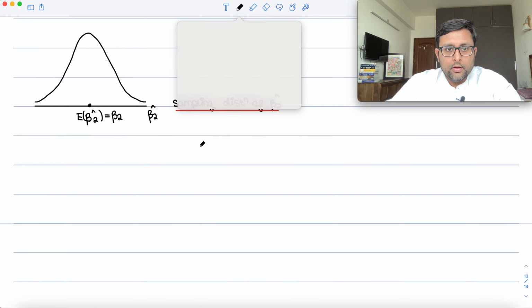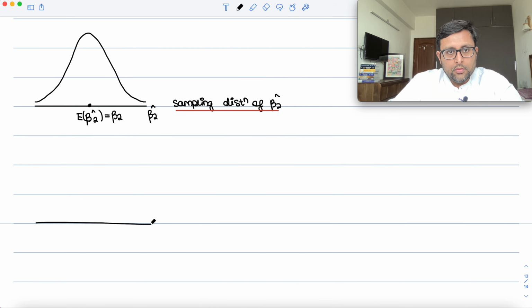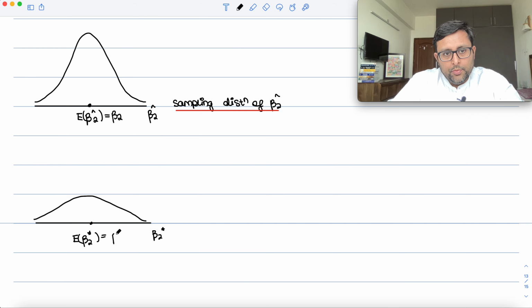Now, you can also see some other estimator, beta 2 star, and you have something like this. So E of beta 2 star is also equal to beta 2.